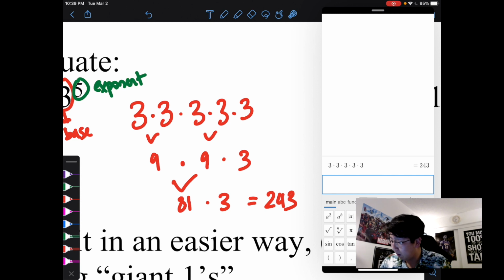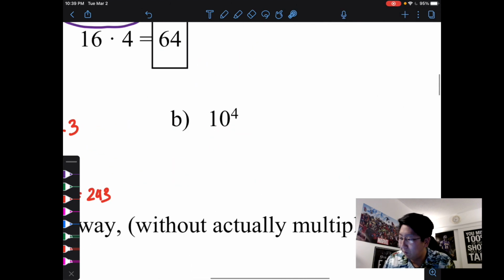All right. Another thing you can do is you could take your, do you see this button right here? I'm highlighting it. Okay. You can say a to the b power. Okay. So I could take 3. I could click the a to the b, and you can see how my cursor goes to the top. And I could say 3 to the 5th power, and that also gets me my answer.